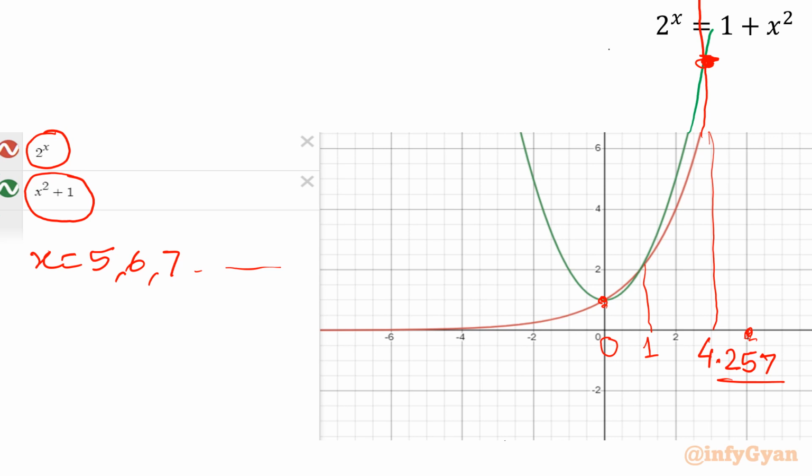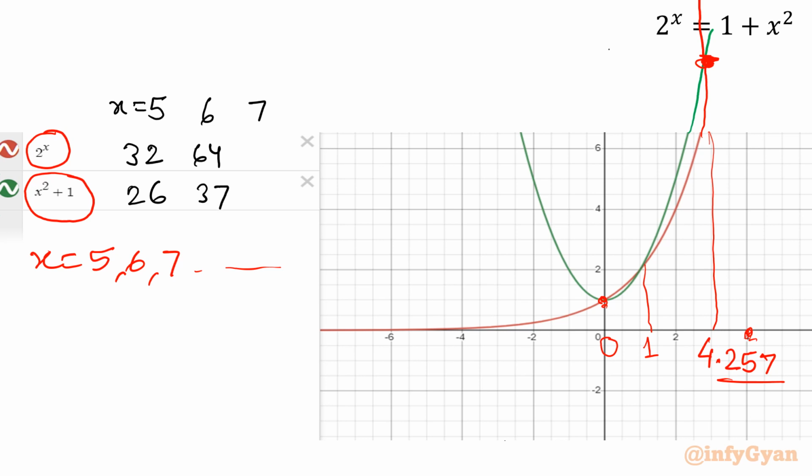I have shown you the values in the Newton-Raphson method. Let me show here x equal to 5, 6, 7. If I put x equal to 5, then 2 power 5 would be 32 and this value would be 26. 2 power 6 is 64 and this value will be 37.